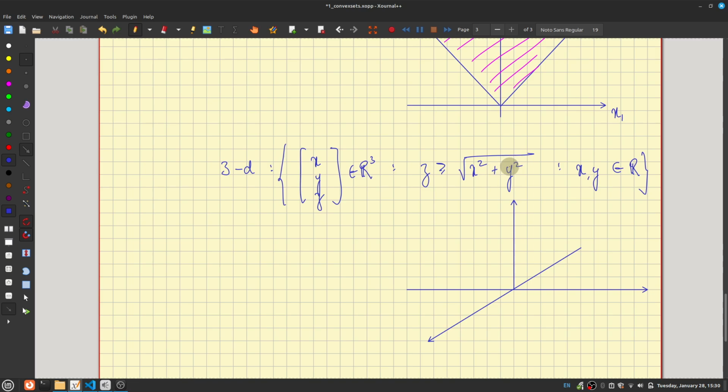Or the square root of x squared plus y squared equal to a constant is basically a circle, right? And we're looking at the set of all z for which z is greater than or equal to the square root of x squared plus y squared, right? So what will that look like? Yep, so basically you think of circles, you keep expanding the radius and you go up, right? Which is basically a cone.